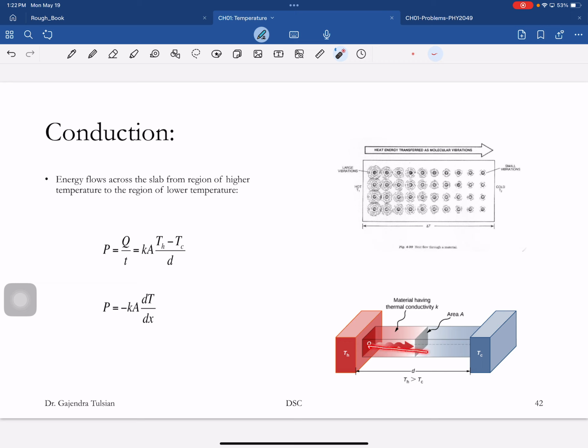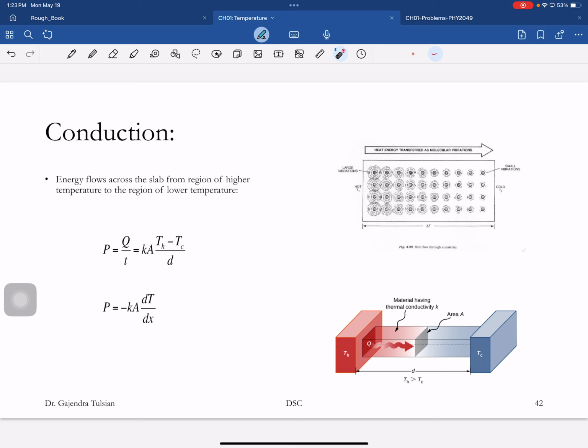So we are interested in this heat flow, the rate of heat flow. How much heat is flowing per second depends on the thermal conductivity of the walls, the area of the walls, and the temperature difference divided by the thickness of the wall. This is the temperature gradient.